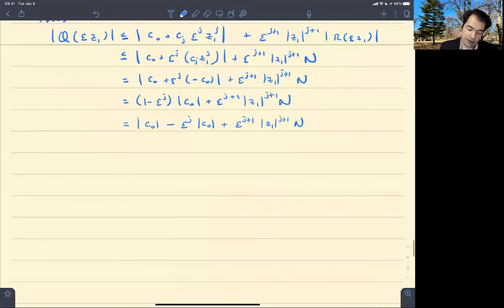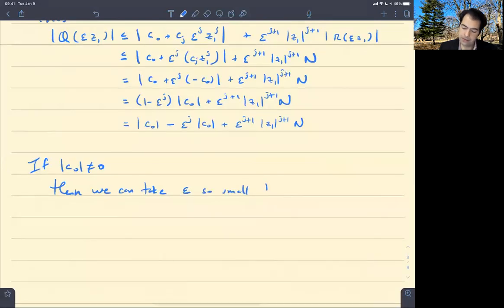Okay, so now finally, let's see what happens if C naught is not equal to 0. Then we can take epsilon so small that epsilon to the j plus 1 mod C1 to the j plus 1 times N is less than epsilon to the j mod C naught.